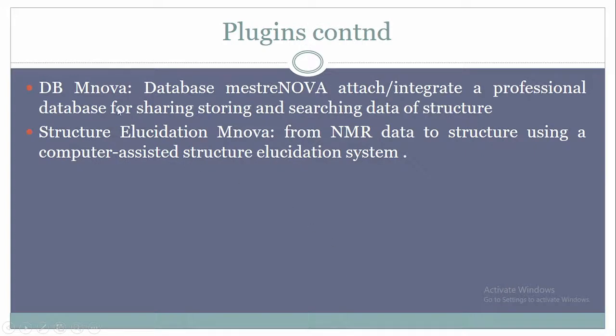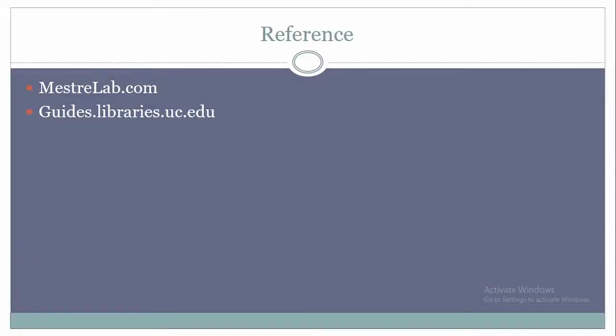And last but not the least, we have database MestreNOVA. Database MestreNOVA attaches or integrates a professional database for sharing, storing, and searching your data of structures. We can use computer assisted structural investigation using database MNOVA. And this is our reference.